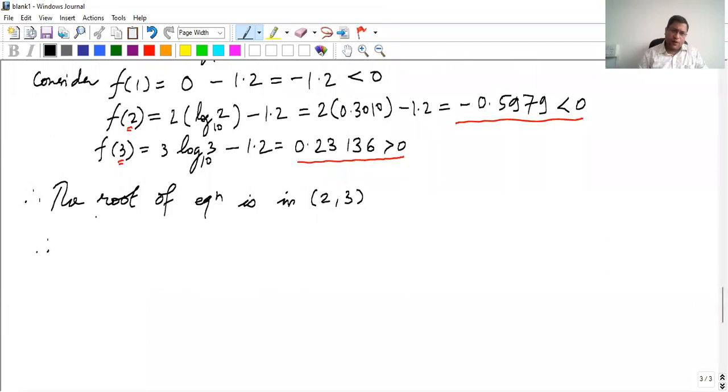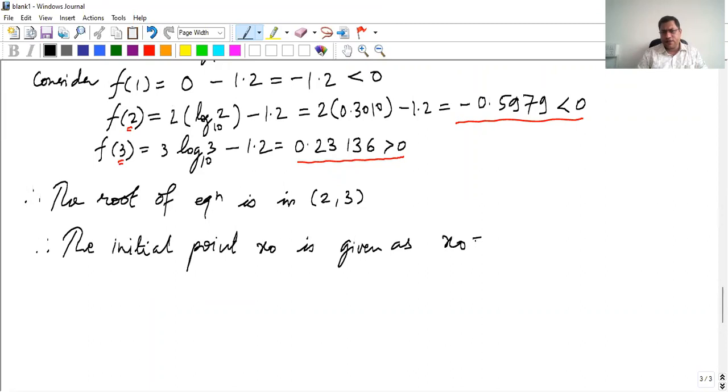And now we can think of the initial point x0. So what is x0? x0 is 2 plus 3 by 2, and that's going to be 2.5.